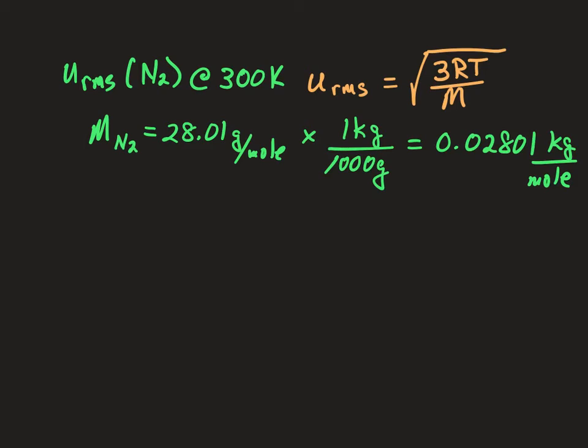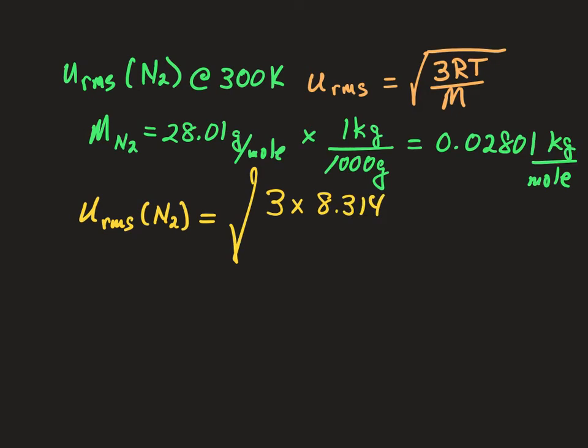So the root mean squared velocity for nitrogen is going to be equal to the square root of 3 times the gas constant R, 8.314 joules per mole Kelvin. We've already shown how those units cancel, right?